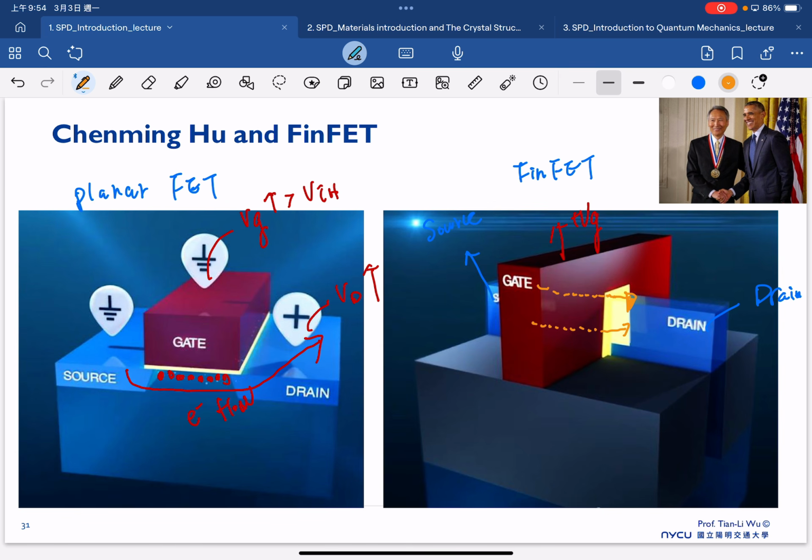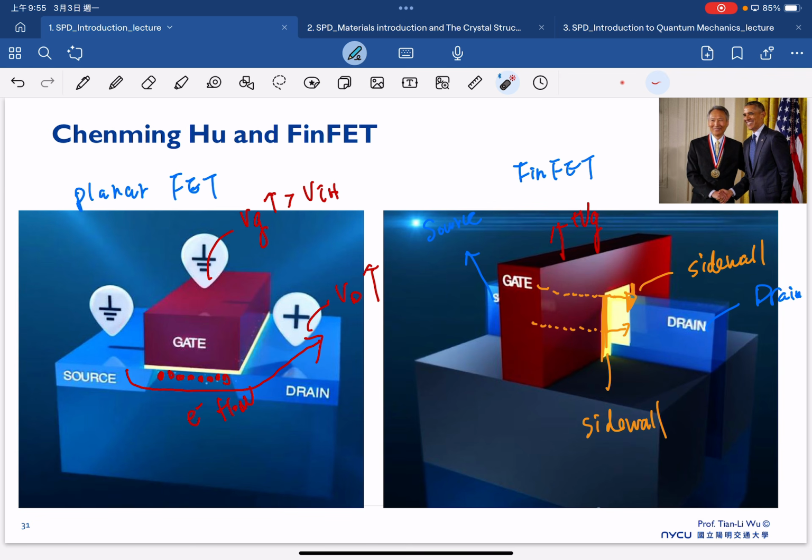So here is a sidewall. We also have the electron flow, and this is also the sidewall. So it becomes three-dimensional. You have the current flow in the top channel, but you also have current flow in the sidewall channel here.